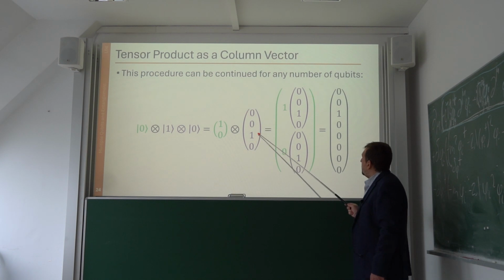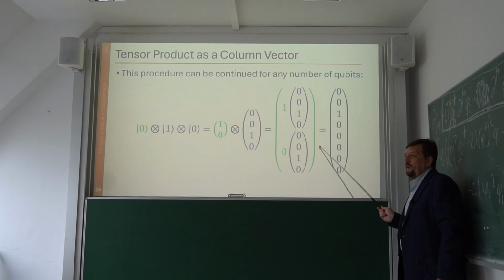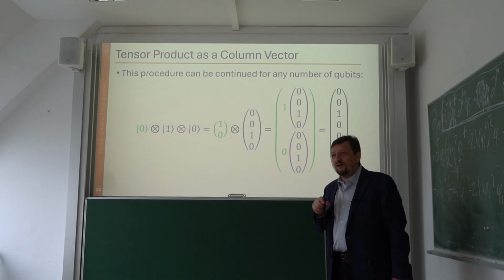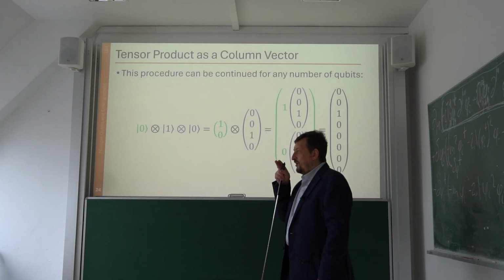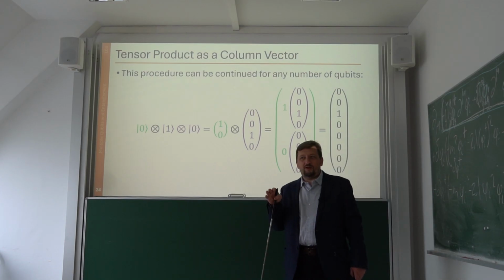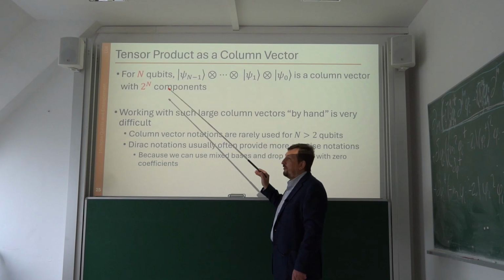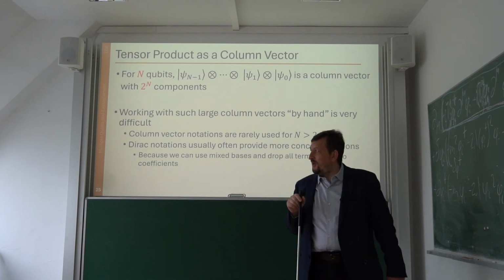I move this rightmost column vector inside, multiply, remove the bracket, and I get a column vector of size 8. And you see how fast the size of the column vector increases. For 1 qubit we have 2 components, for 2 qubits we have 4, for 3 qubits we have 8. So in general, with n qubits, we will have a column vector with 2 to the power of n components.